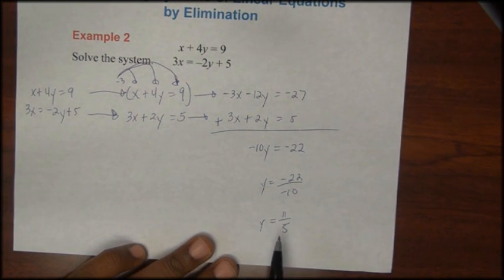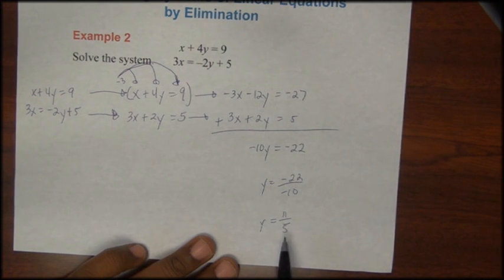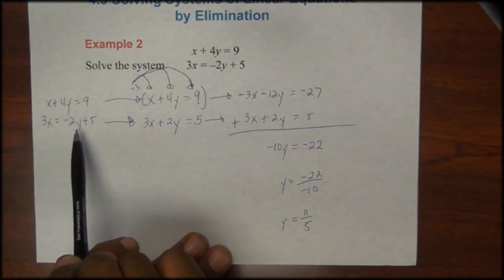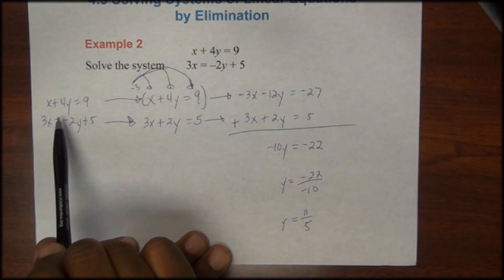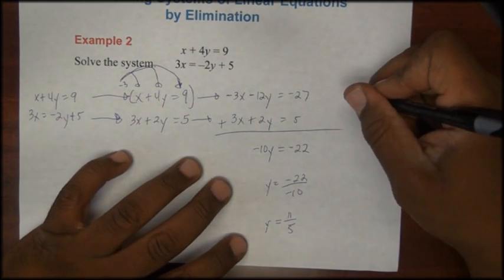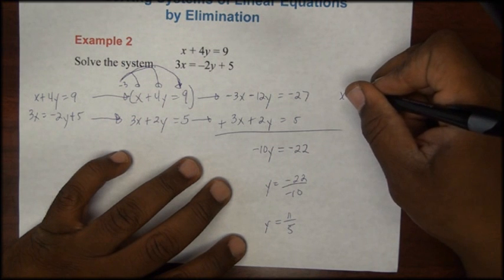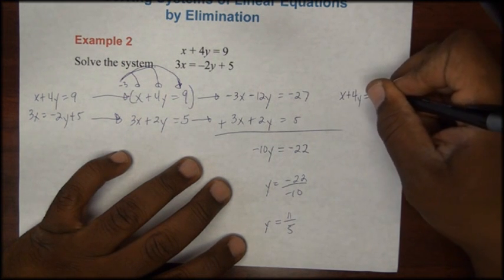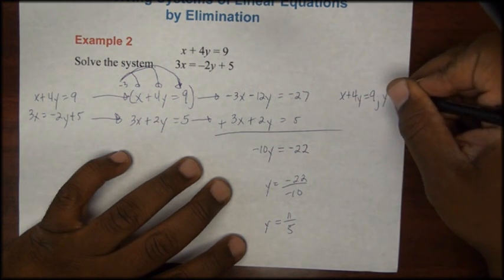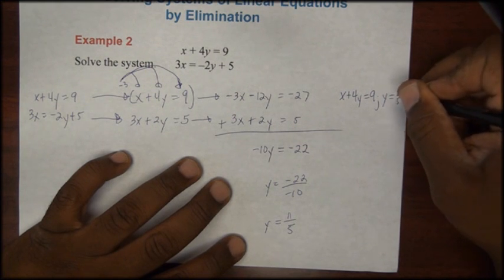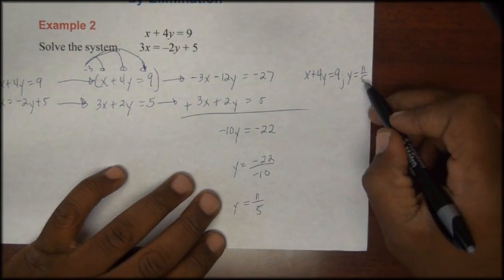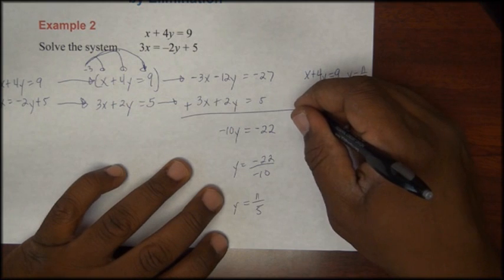To get our x variable, we'll simply substitute y is equal to 11/5 into one of our original equations. So once again, I'll take the first equation, x plus 4y is equal to 9. y is equal to 11/5, so I'll simply substitute y for 11/5.